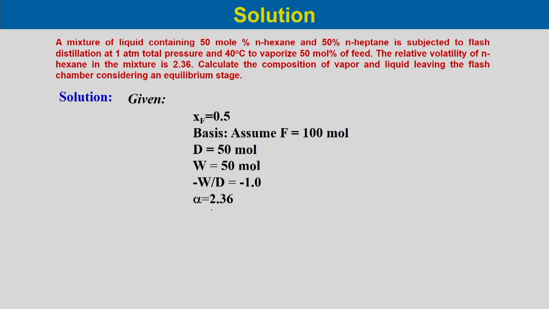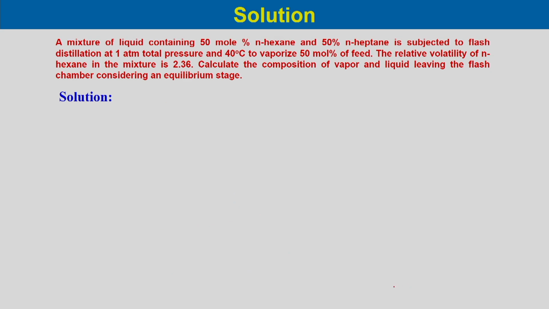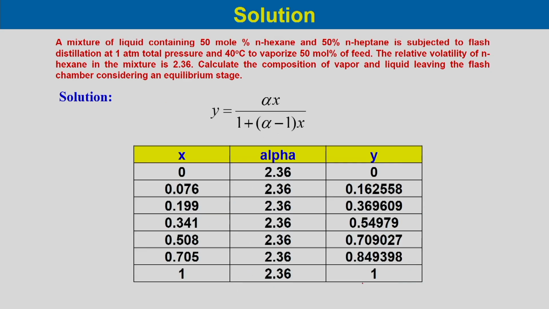Now, relative volatility is given as alpha, which is 2.36, and this is the relation between the vapor and liquid composition, the relative volatility equation. Once we know alpha, we can get the x-y data, so we can plot the equilibrium curve.